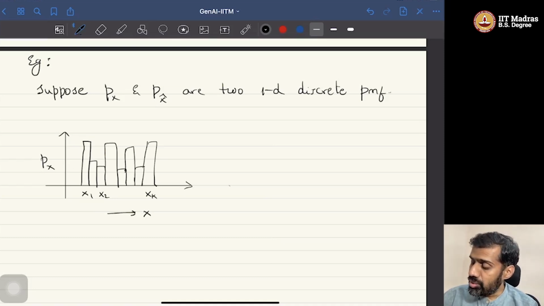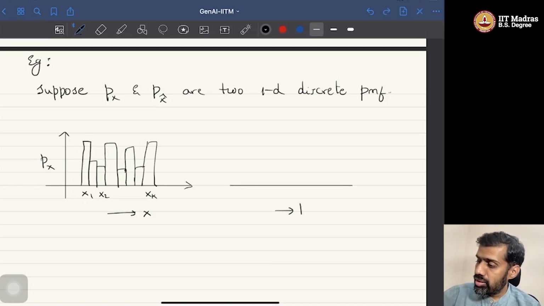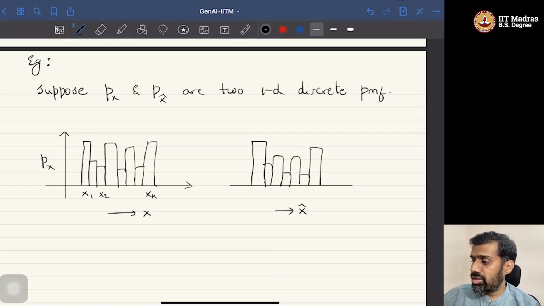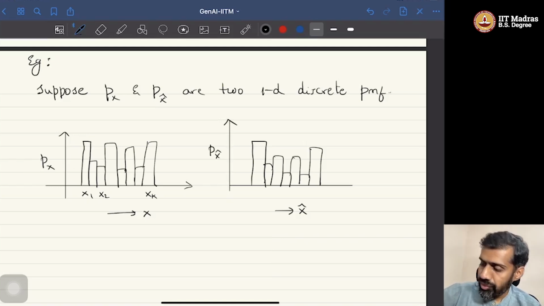And there is another distribution, which is what we are calling X cap, and there is some other distribution here which has a different form. Let this distribution be P_X cap, right?